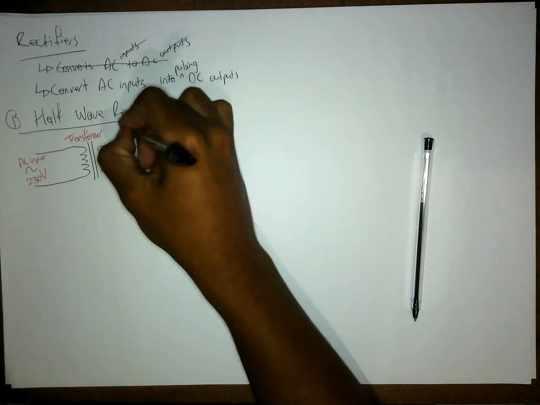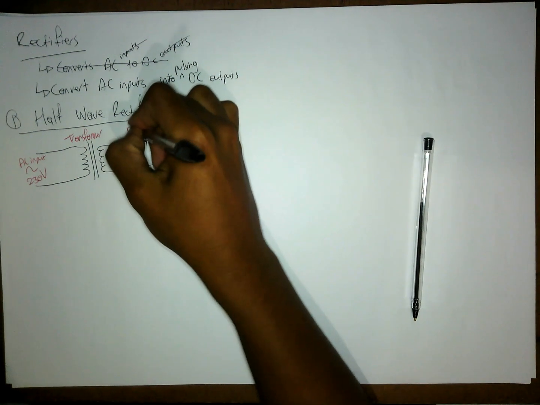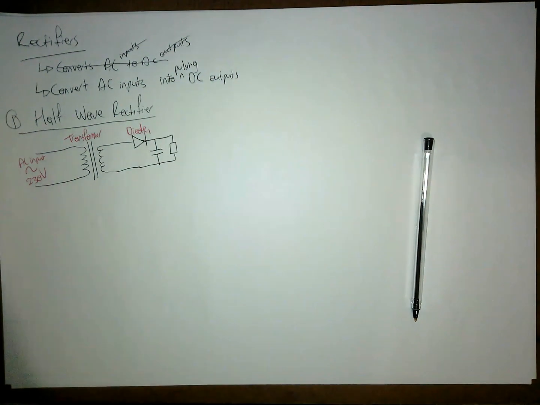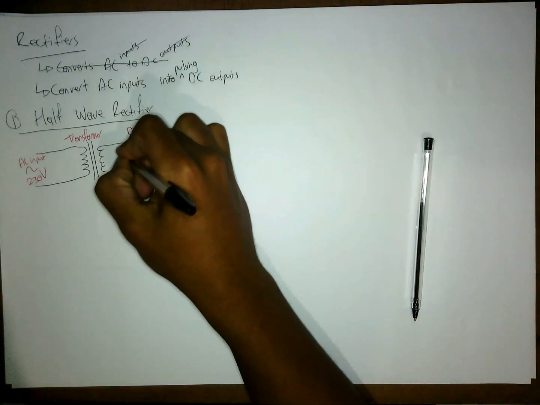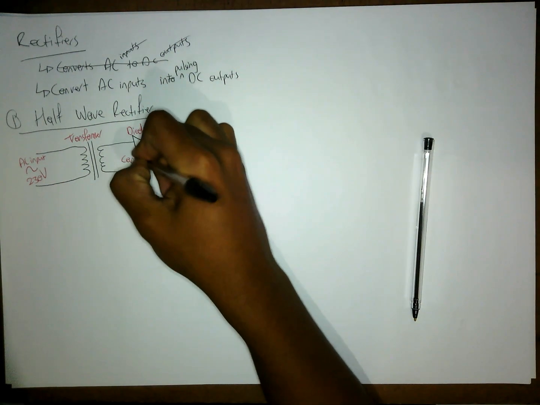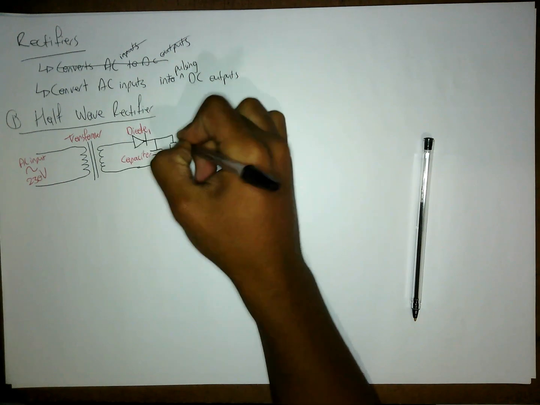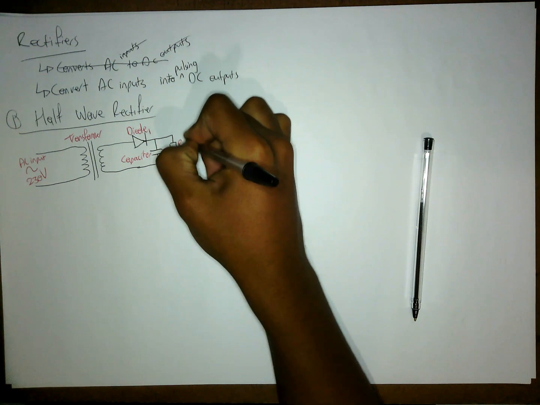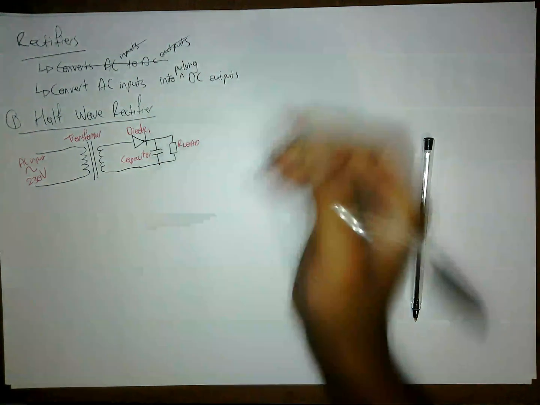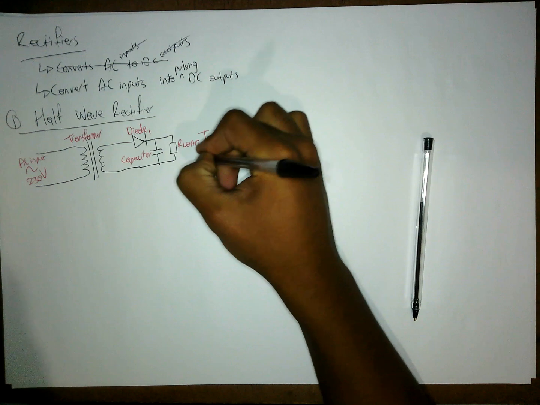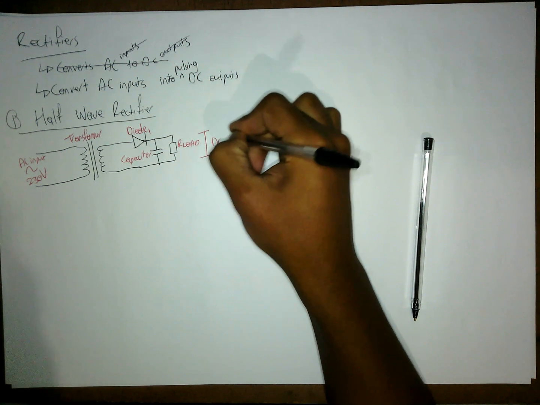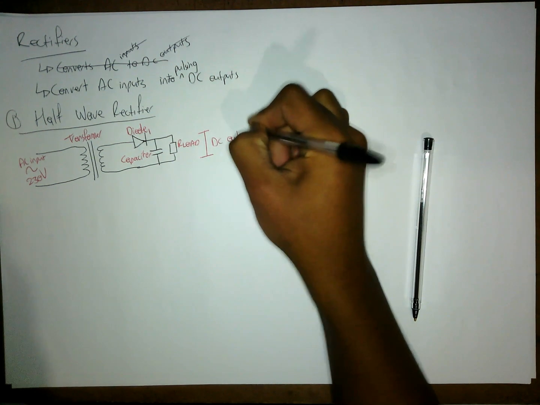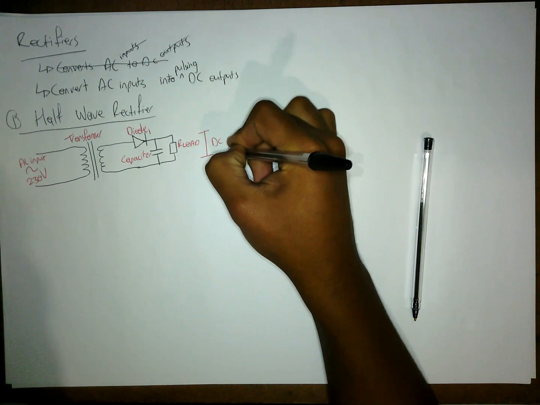This is our diode, diode number one. This is our capacitor. And this is our resistor, our load. Then coming out here, it is our DC output, our 12 volts.